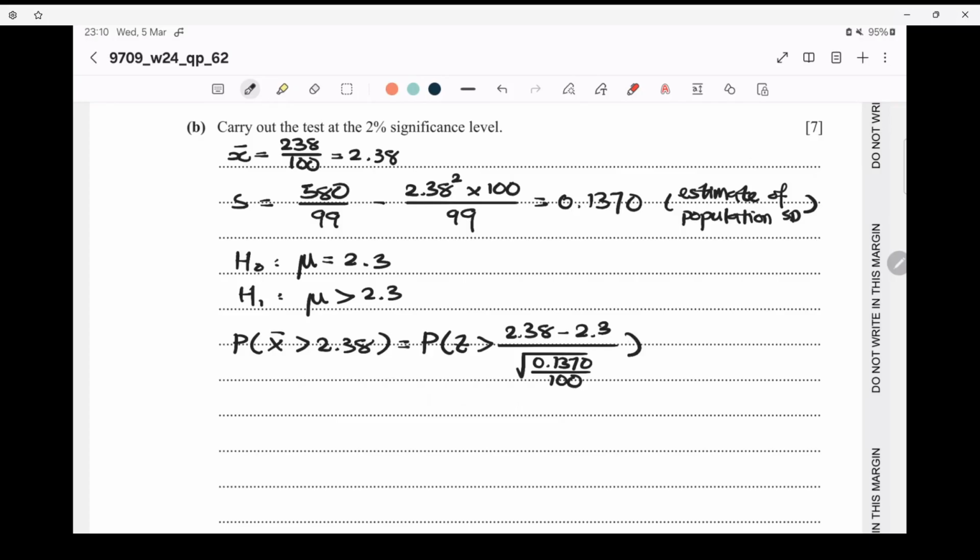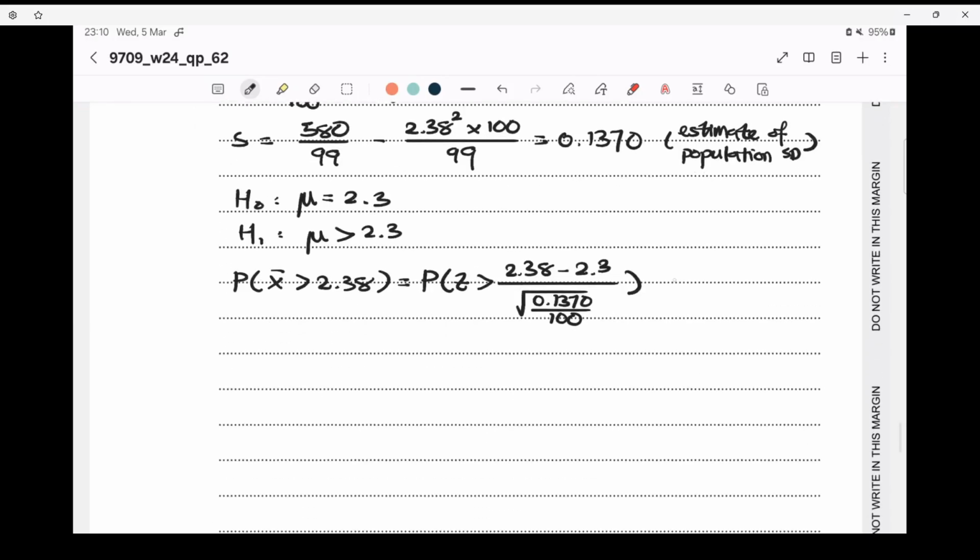So you do the calculation, and what you would get is 2.161.